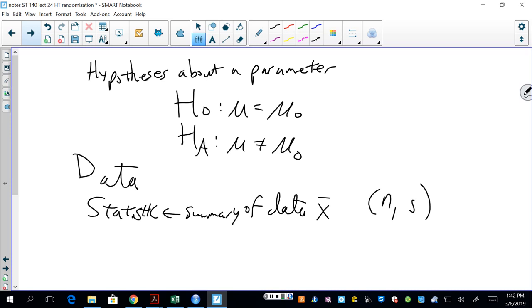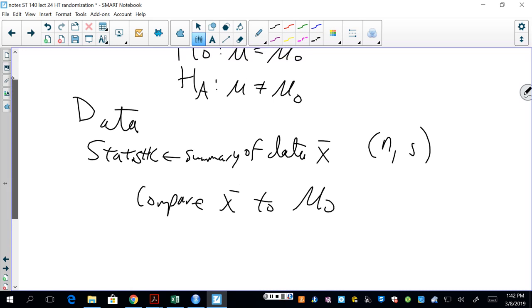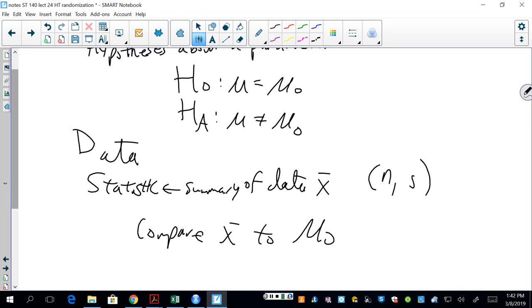And we're going to compare the X bar that we have to the mu sub 0. A key aspect of this comparison, immediately we'll see, is: is X bar bigger than or less than, or does it seem kind of different than this hypothesized mu sub 0?